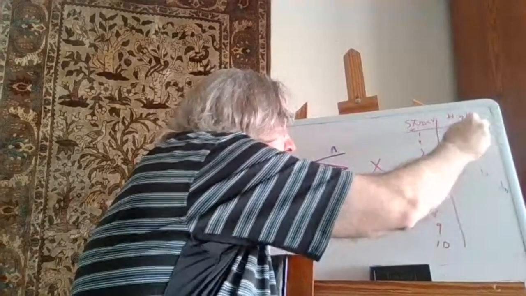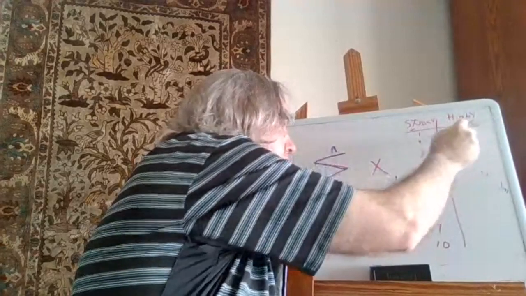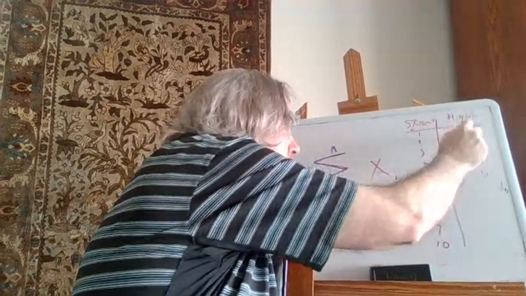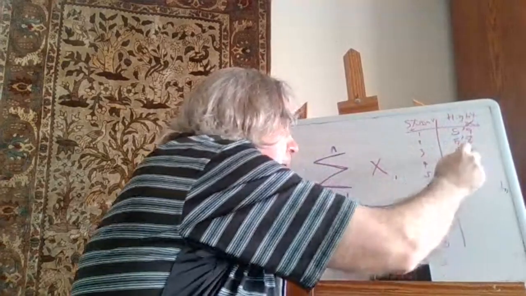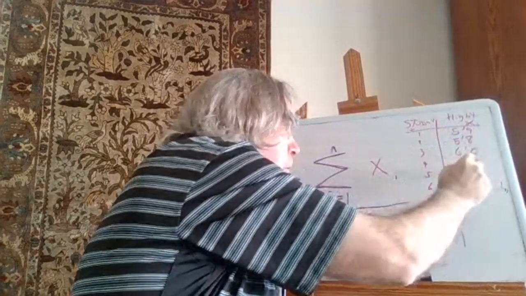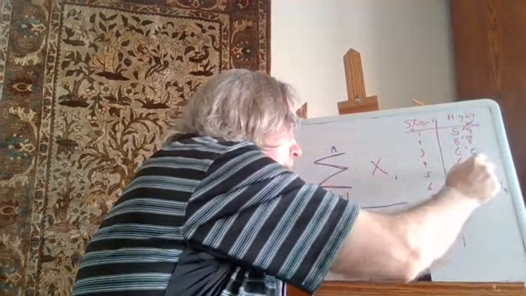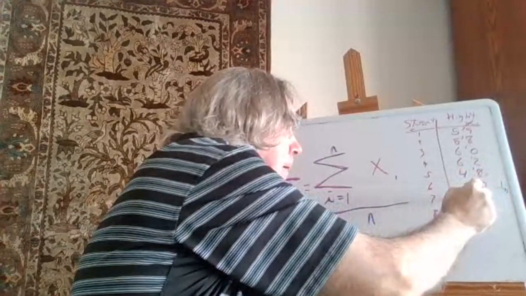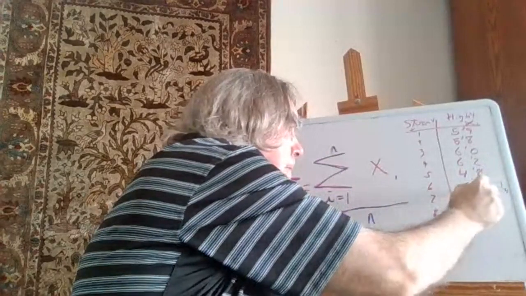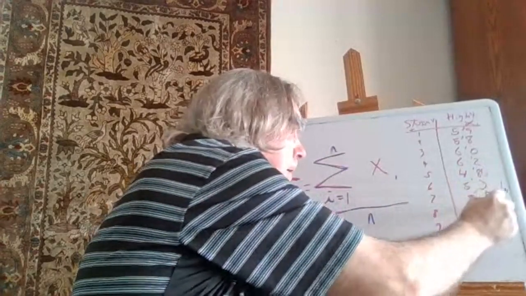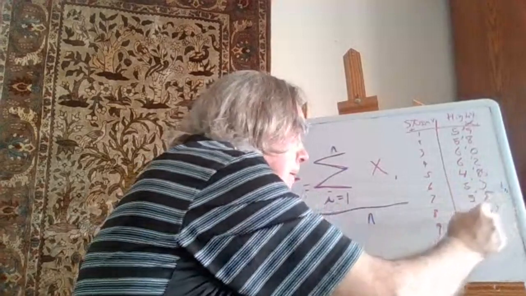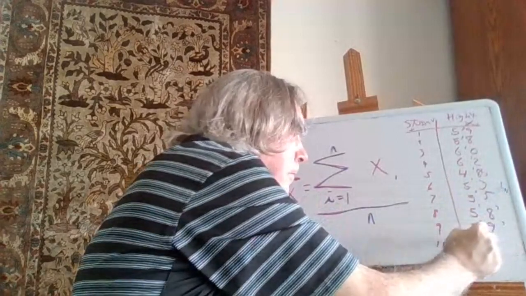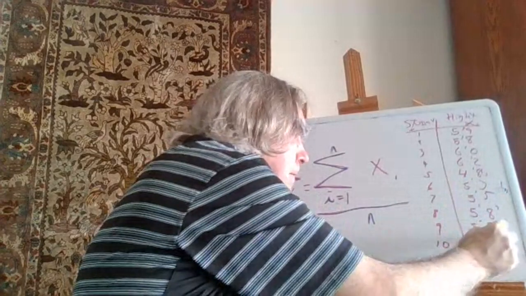The first person is 5'9", 5'8", 6'0", 6'2", 4'8", 5'3", 5'5", 5'8", 5'9", 5'7".